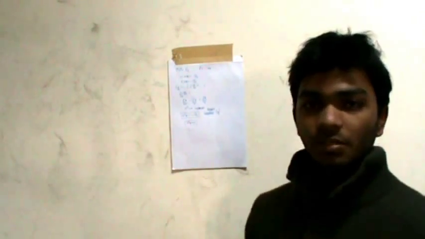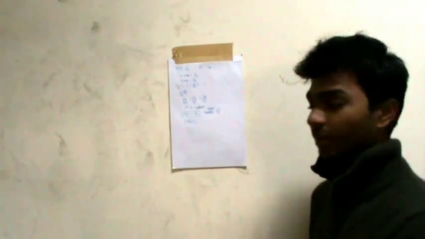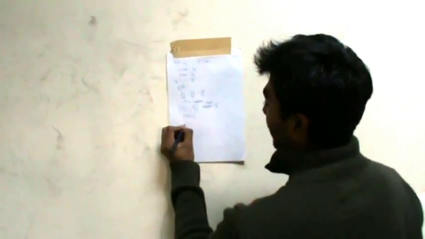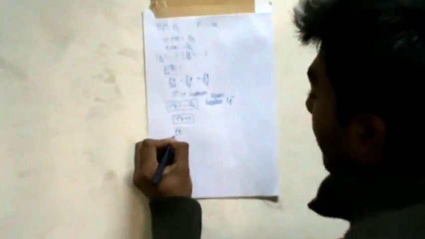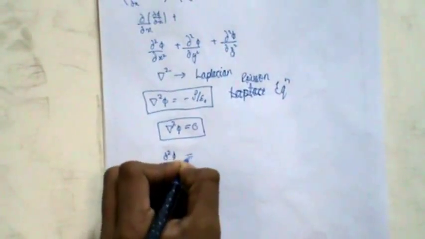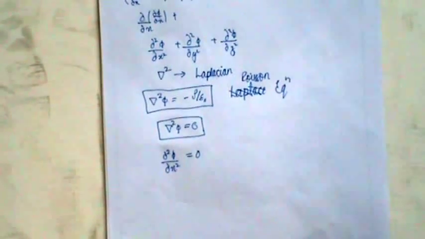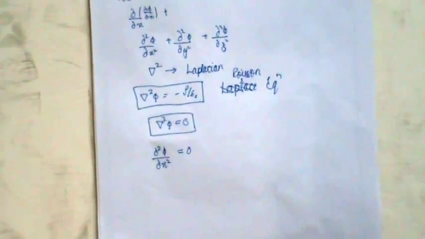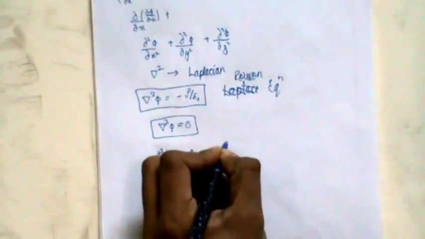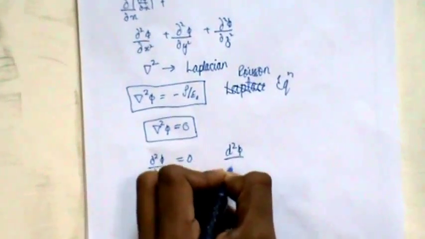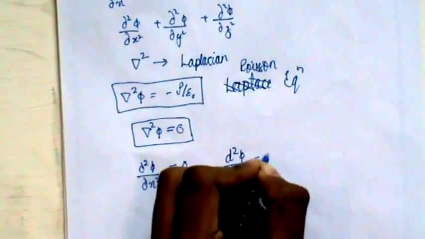The simplest case is one dimension. So we'll first start with one dimension. Let us say x for convenience. So this will reduce to del square phi by del x square equal to 0, and since it's only one dimension, partial differentiation is the same as normal differentiation, so you can just write d square phi by dx square equal to 0.